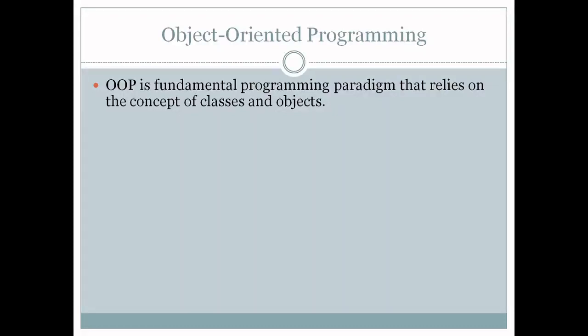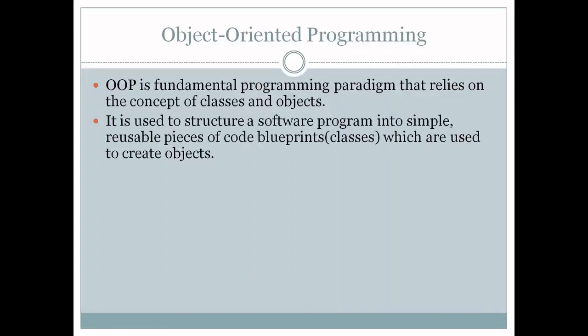Whereas procedural oriented programming is based on the concept of functions or procedures. Object oriented programming is used to structure a software program into small reusable pieces of code blueprints which are used to create objects.